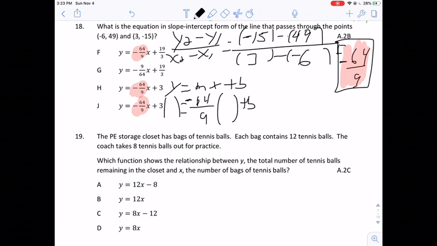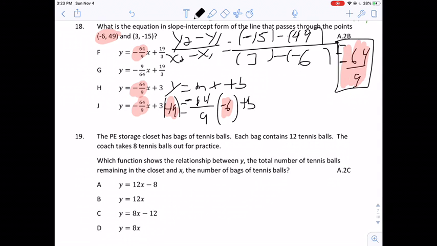I'm going to select an easy point here. So for x, I'm going to go with negative 6, and the y is going to be 49. I'm getting those points, the negative 6 and the 49, from this one over here.